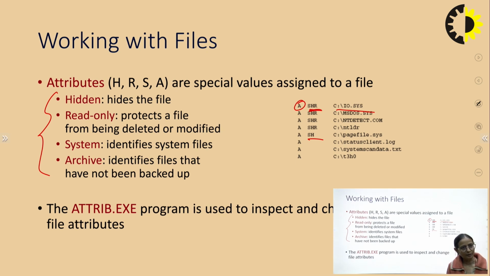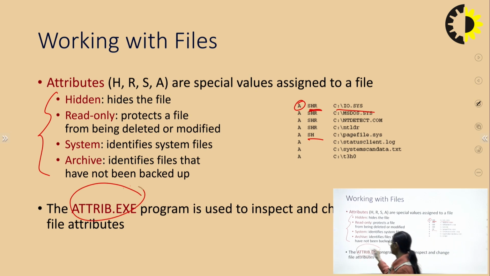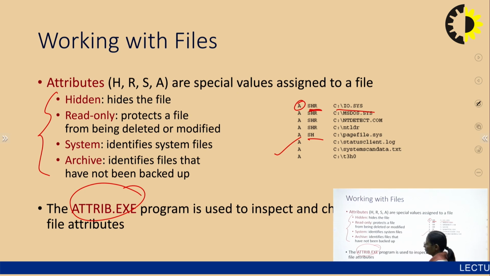So the person who has access to this particular file can read it or can change the contents also. The attrib.exe program is used to inspect and change the file attributes. These are system defined, so if you want to change them, you need this program to inspect and change file attributes.